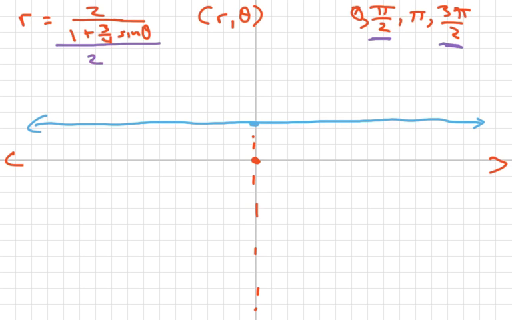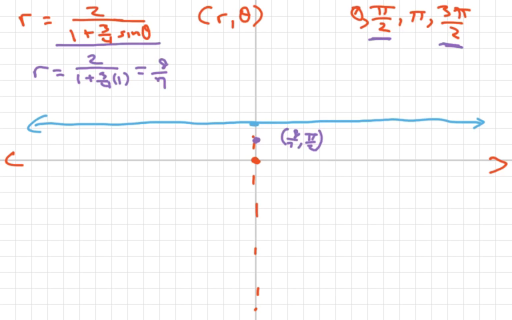So you have r equals 2 over 1 plus 3/4 times 1. And this simplifies to 8 over 7. So basically we have a vertex. 8 over 7 is a little bigger than 1. So at pi over 2, we have 8/7 for our r.